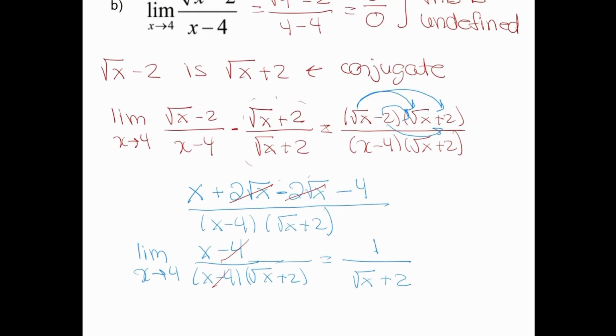So if we plug in, the limit as x approaches 4 is equal to 1 over the root of 4 plus 2, which gives us 1 over 2 plus 2, which gives me 1/4. So this limit does exist, and what this is telling me is that as x approaches 4, y is approaching 1/4.